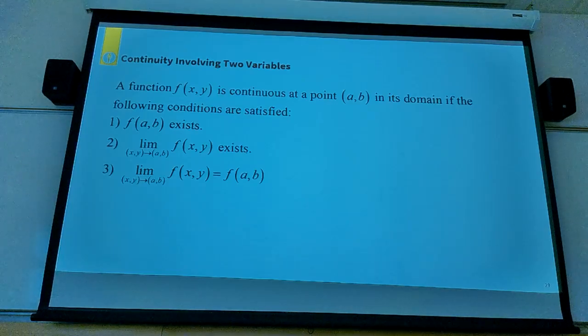The limit would exist if and only if the limit from all possible paths are the same. So in that sense, if you can find two paths that give you different limits, your limit does not exist.